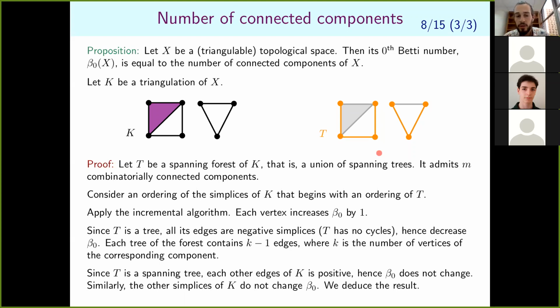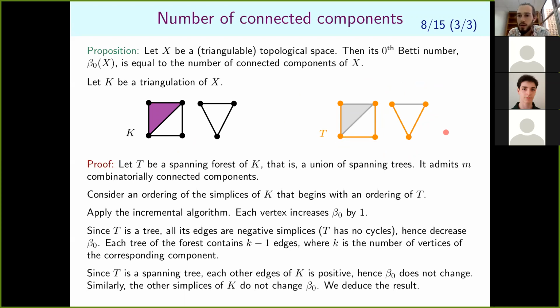Okay, this is a tree. For instance, here you have a spanning tree of the first component of K. Here you have a spanning tree of the second component of K. And the spanning forest is the union of these two spanning trees.